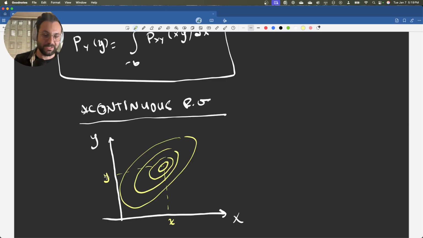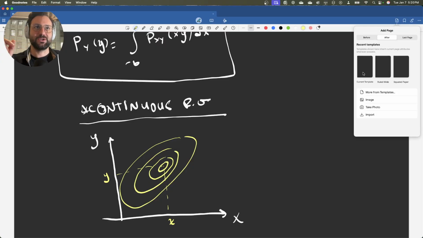So when we look at this, we can have an understanding of how two random variables can have a multivariate distribution.